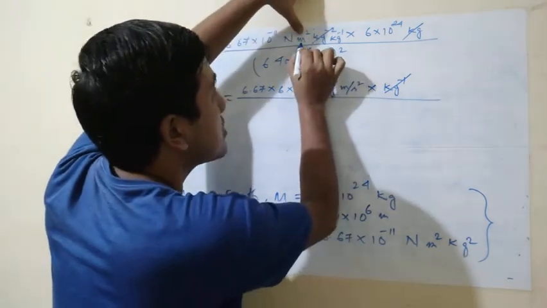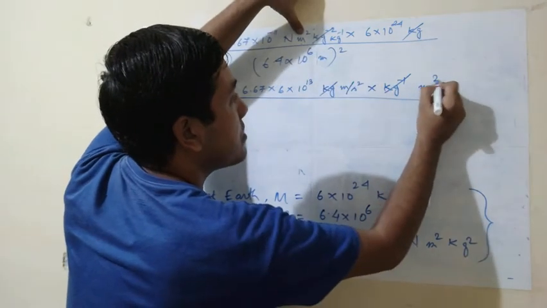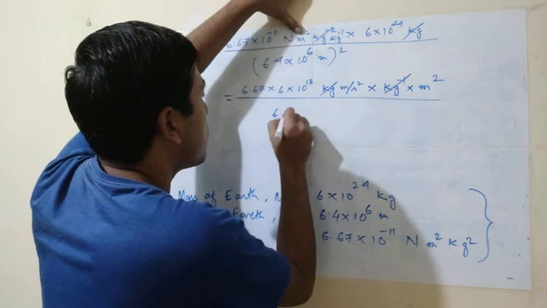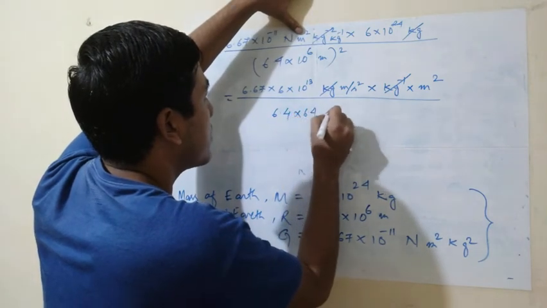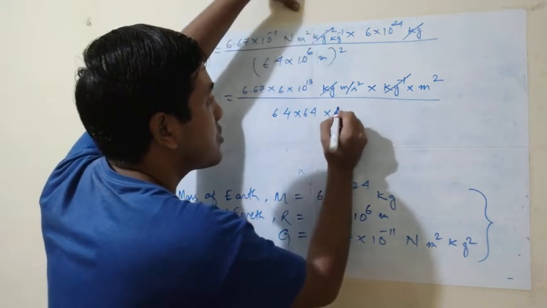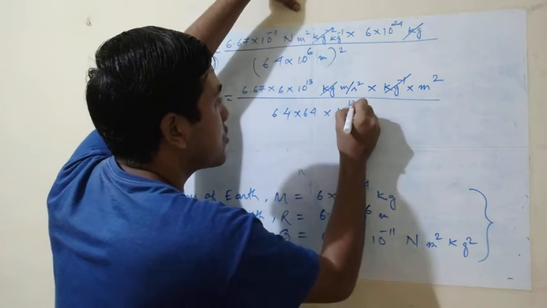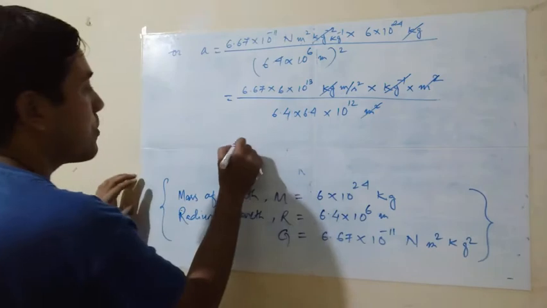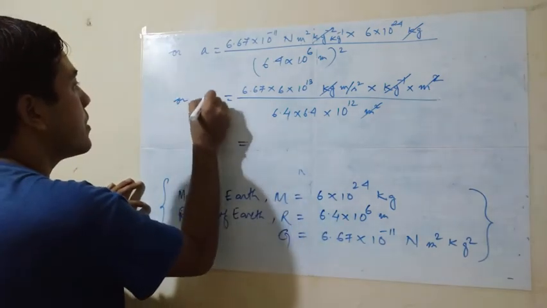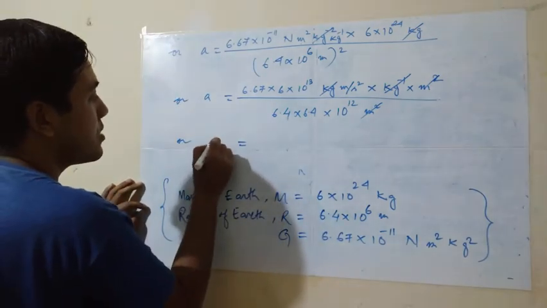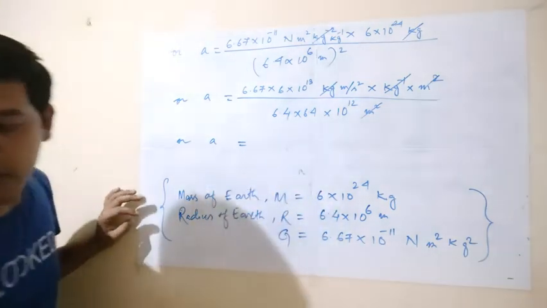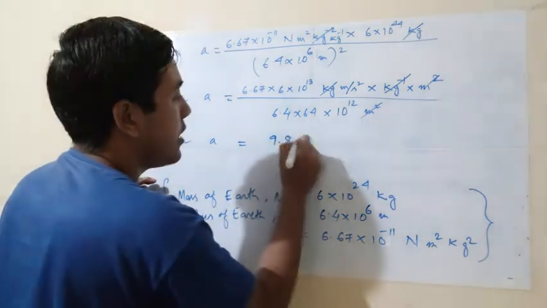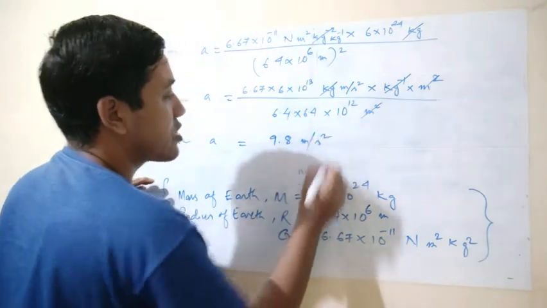In here the meter square is left, divided by 6.4 into 6.4 into 10 to the power 2 times 10 to the power 12 meters. Cancelling these two, after that it becomes 9.8 meter per second square.